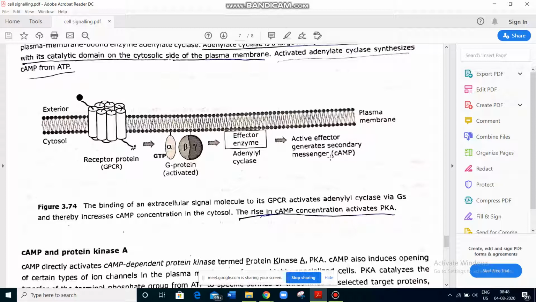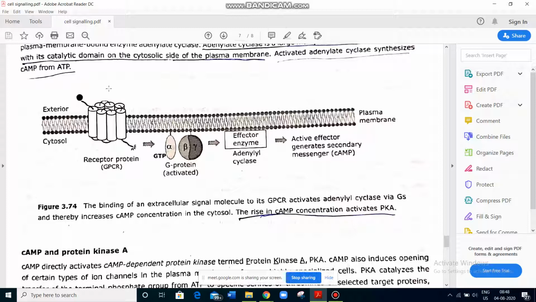This active effector enzyme generates the cyclic AMP, which is called the second messenger molecule.